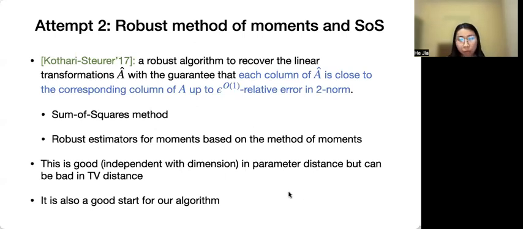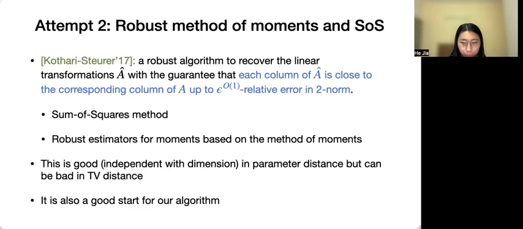Now let's see some very commonly used, popular methods in robust statistics. For example, Kothari and Steurer gave a robust algorithm to recover the linear transformation A hat. Here they assume that they don't care about the TV distance, only the parameter distance. So they can just use a robust mean estimation algorithm to estimate the mean and covariance, which is enough to get a good parameter distance.